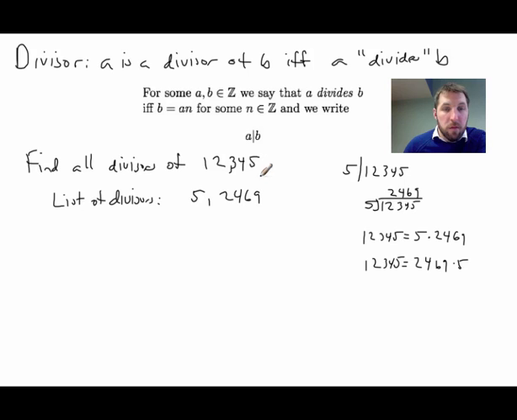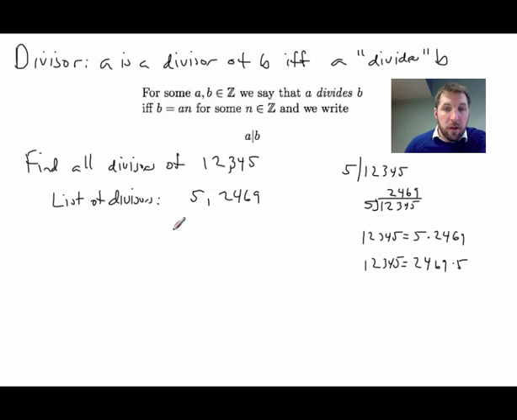What other numbers do we know? Maybe you know the trick for 3 or 9. If you add up all the digits, 1 plus 2 is 3, 3 plus 3 is 6, 4 plus 5 is 9, 9 plus 6 is 15. 15 is divisible by 3, so we know the whole number is divisible by 3.